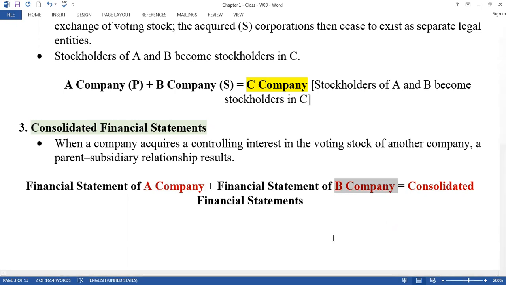Your asset and my asset are going to add. Your liability and my liability are going to add. So the financial statements of company A and company B, we are going to add together. After that, we prepare a new financial statement called the consolidated financial statement, very, very important for our advanced accounting course.